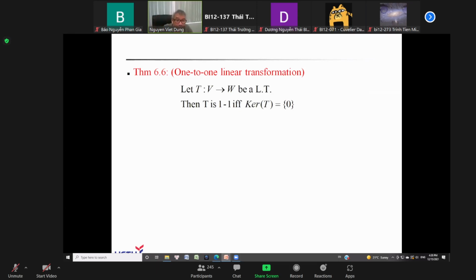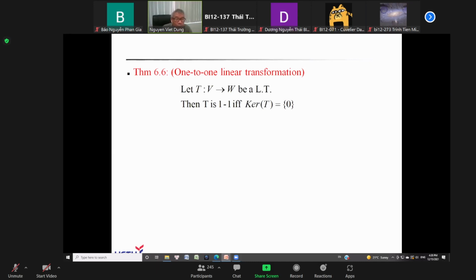And in case T is a linear transformation, it is very easy to verify if T is one-to-one or not. So here it is. If T from V to W is a linear transformation, then T is one-to-one if and only if its kernel consists of only one vector. It is the zero vector.